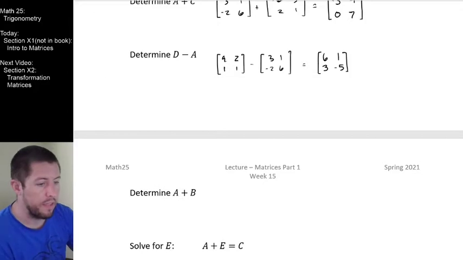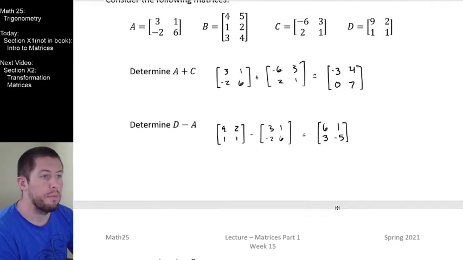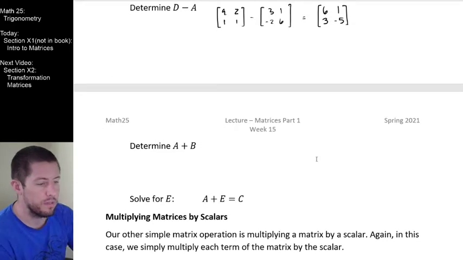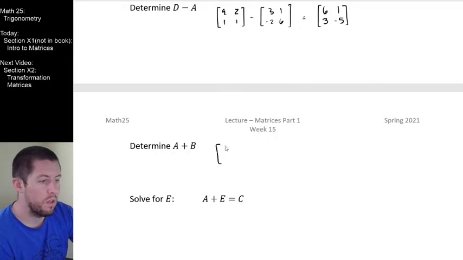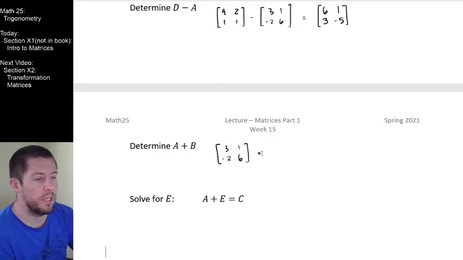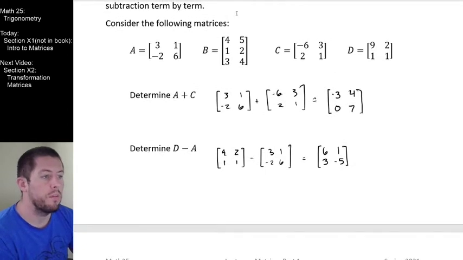Now, let's determine A plus B. And so A is the 3, 1, -2, 6 matrix, and we are looking to add this to the 4, 5, 1, 2, 3, 4 matrix.